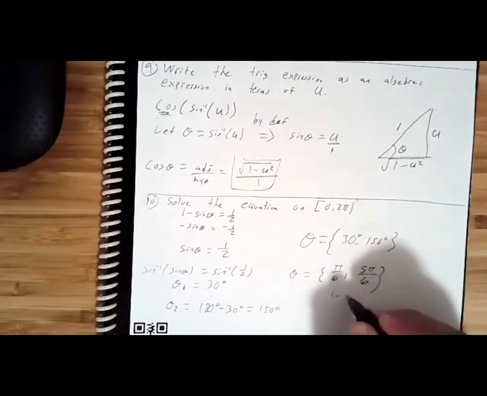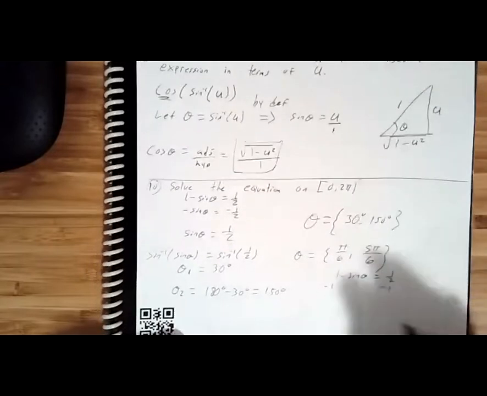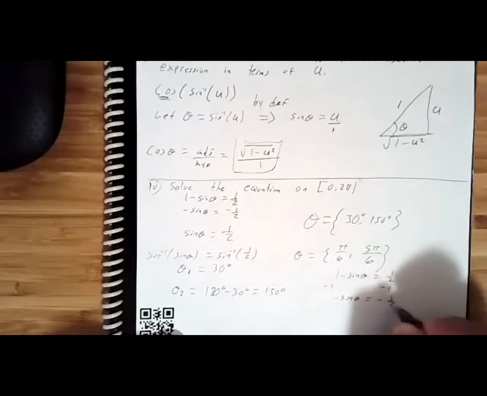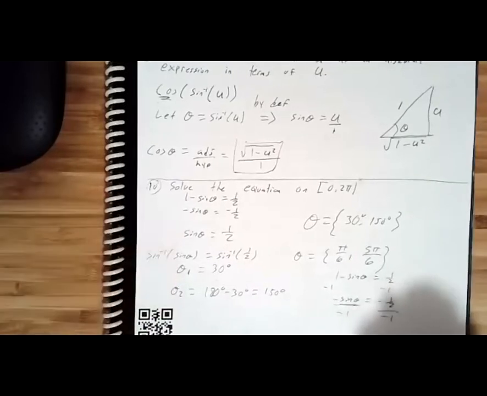So basically you'd have this, and you do -1, -1. So then you get negative sine equal to -1/2, because 1/2 minus 1 is -1/2. Okay. And then you divide by -1. And you get to here. Thank you. Yeah, no worries.